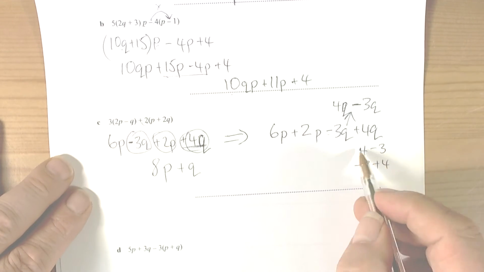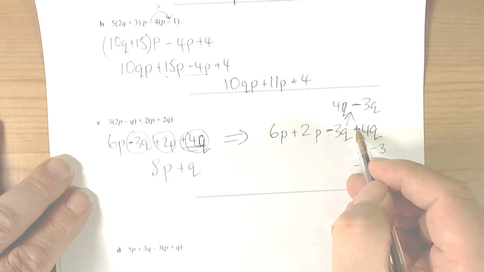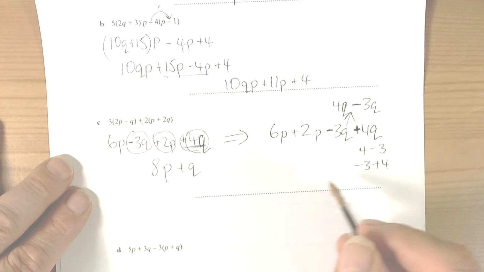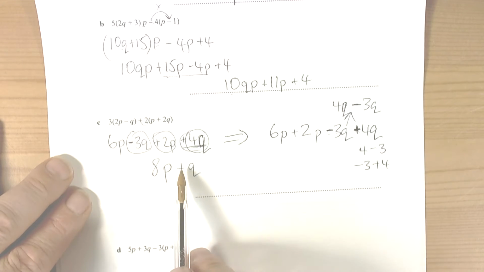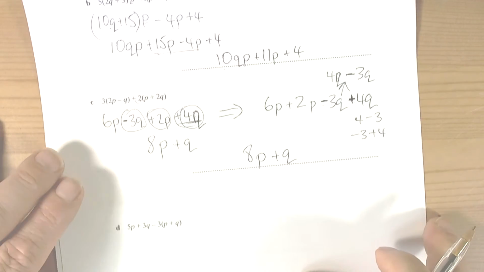You can swap around the order of operations as long as you keep the signs with the correct terms. So we've got 8p plus q, so the answer here is 8p plus q.